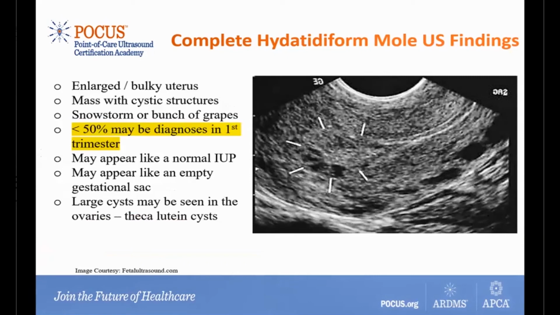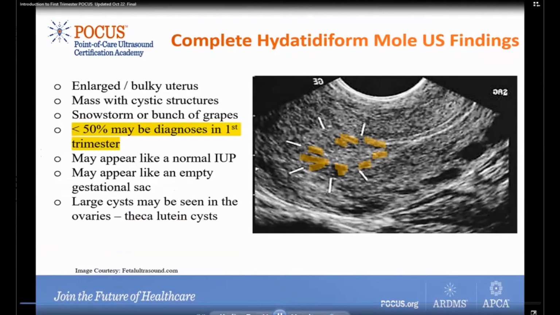Here's an ultrasound image obtained by transvaginal scan. Great case. You can see the uterus is a little bulky and enlarged, and it has multiple cystic structures. I'm going to try to just highlight those right here in the endometrial cavity.